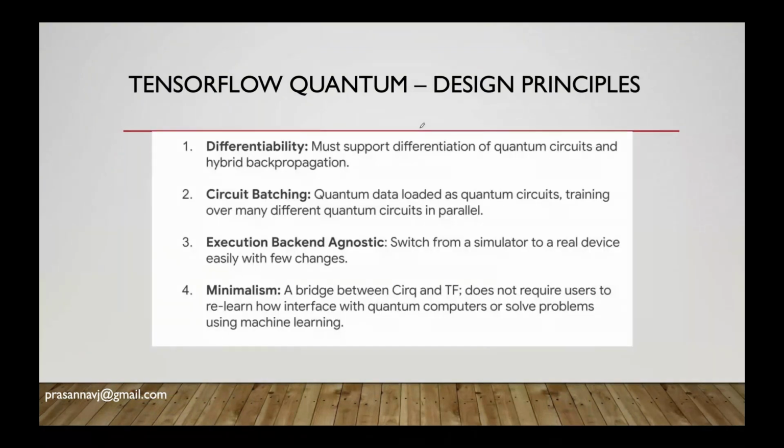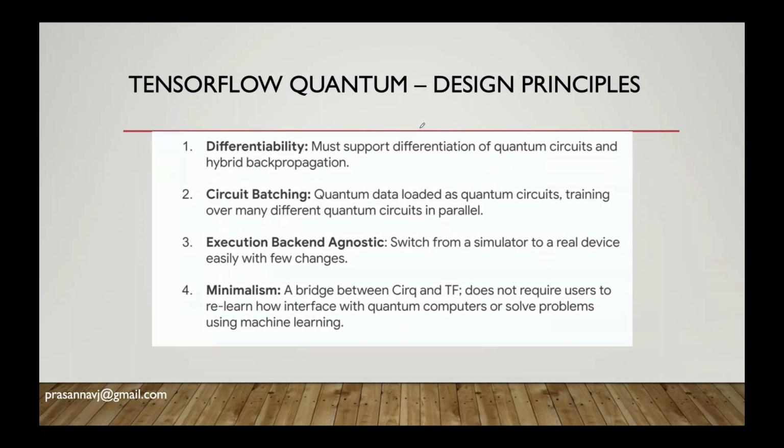So when the TensorFlow Quantum was created, they had some design principle as part of their goal. So differentiability, circuit batching, execution backend agnostic, minimalism are the different design principles that they've looked at when they are designing the TensorFlow Quantum as such.